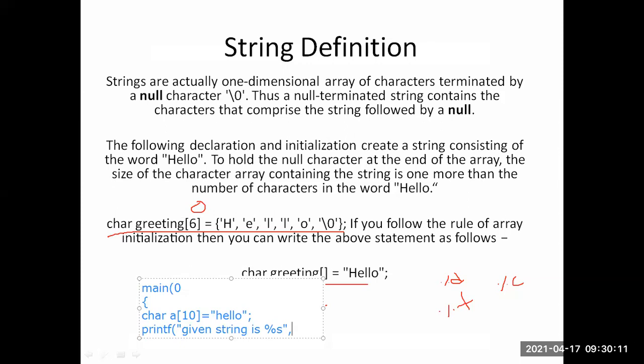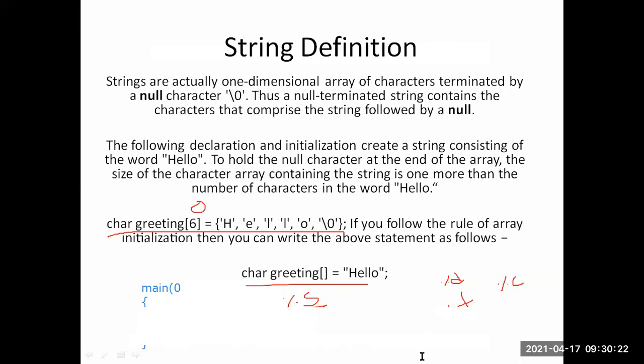Here the array name is a, so just write the array name, then close. In this way we represent the string, and we can access the string by using the percentage s.